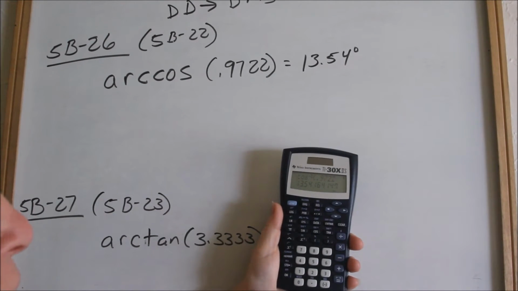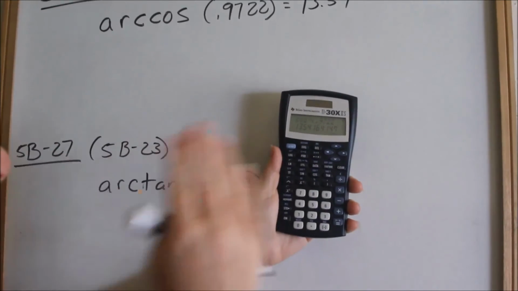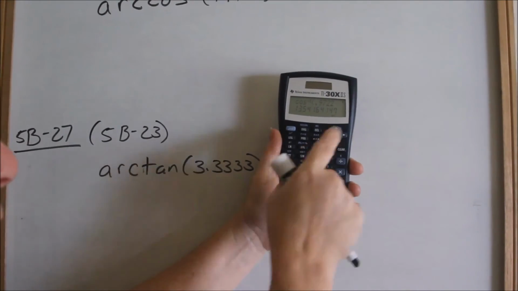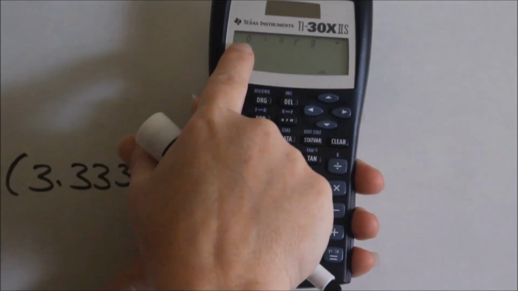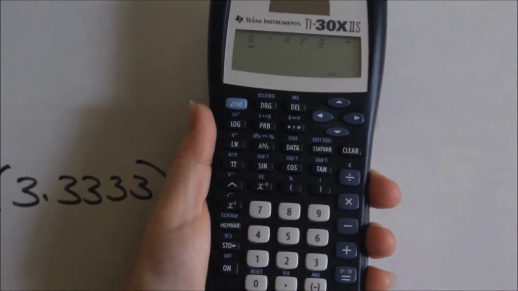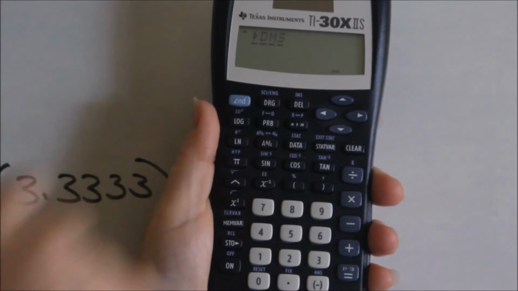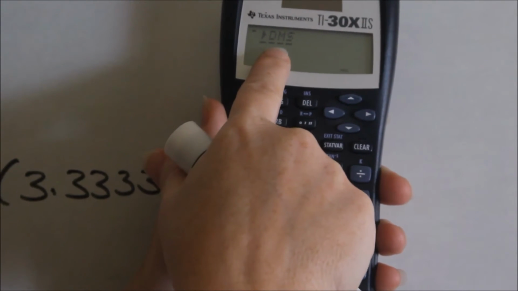Okay? The way you do that is you still push your degrees, minutes, seconds button. Again, this is for this calculator. All calculators are different, but for this particular calculator, I can hit my degrees, minutes, seconds button. See, I have degrees, minutes, seconds, but if you keep arrowing over all the way, now you have DMS, because I'm going from decimal to DMS.